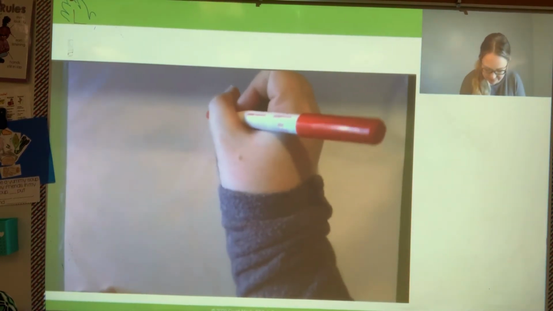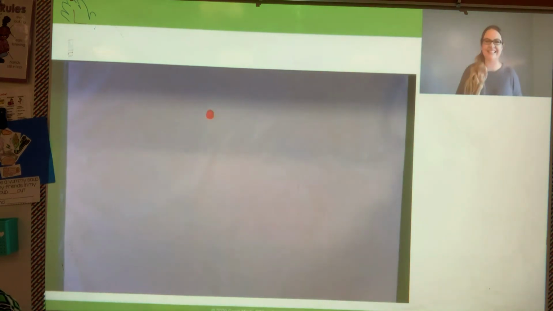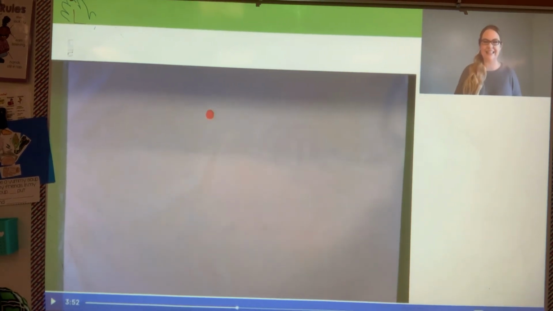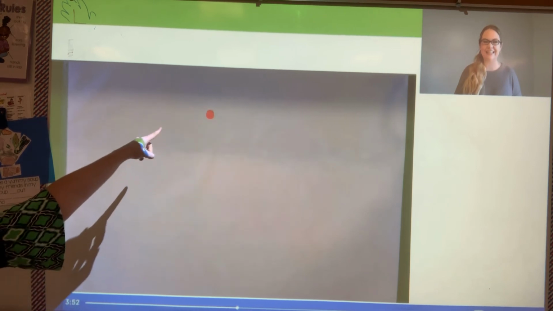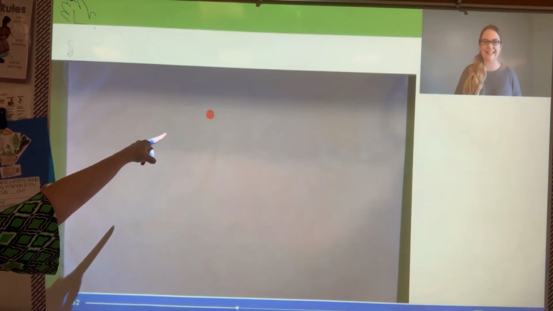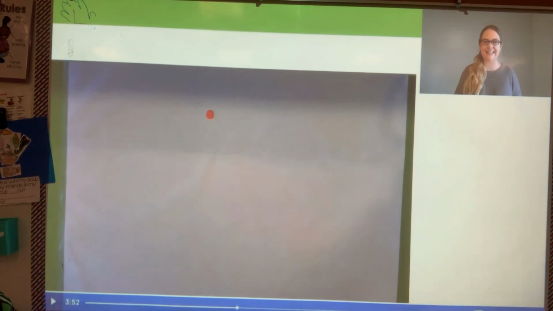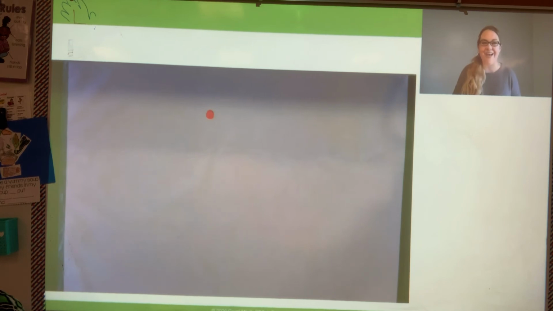So she wants you to put a dot on your whiteboard. Go ahead and do that now. Now draw an empty circle next to it to show that we are adding 1.